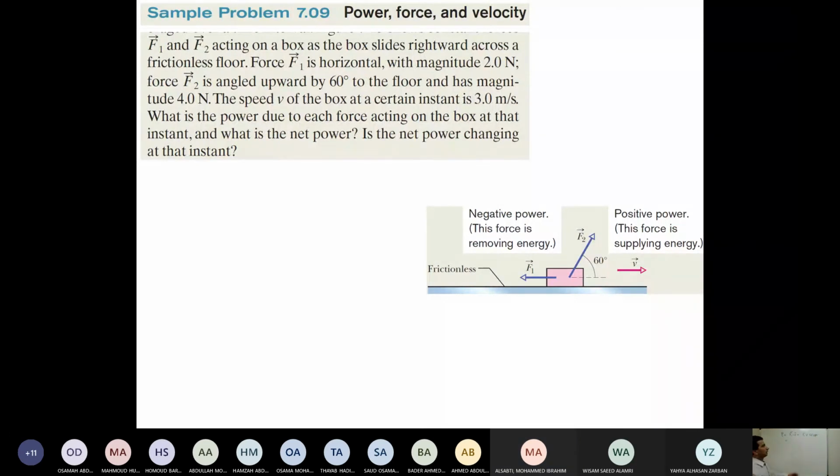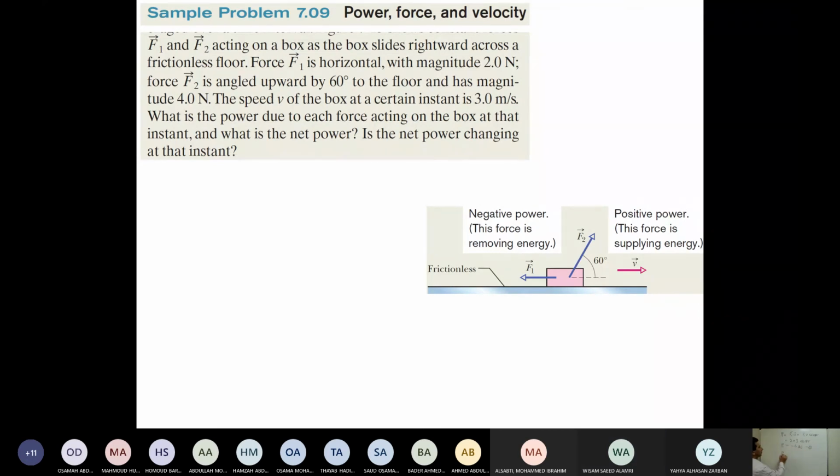So here I'm going to put the values of F1, that is 2 Newton, and the velocity is 3. And cosine 180. So we get minus, just minus is coming from cosine 180, and this is 6 watt. Okay, this is power 1.